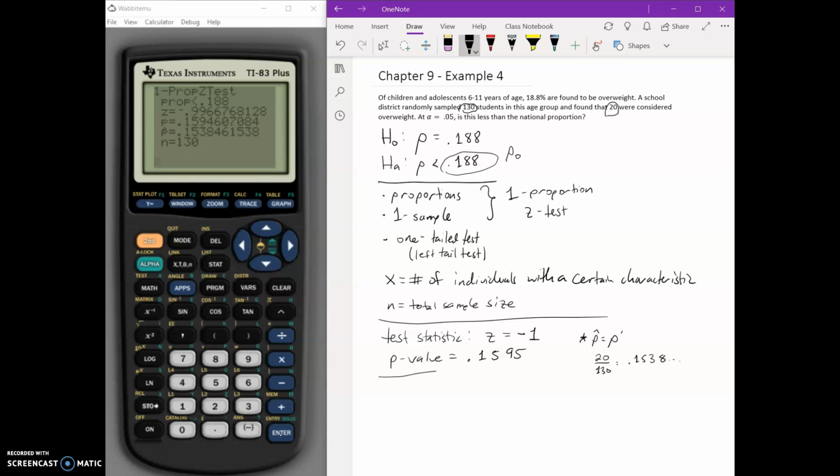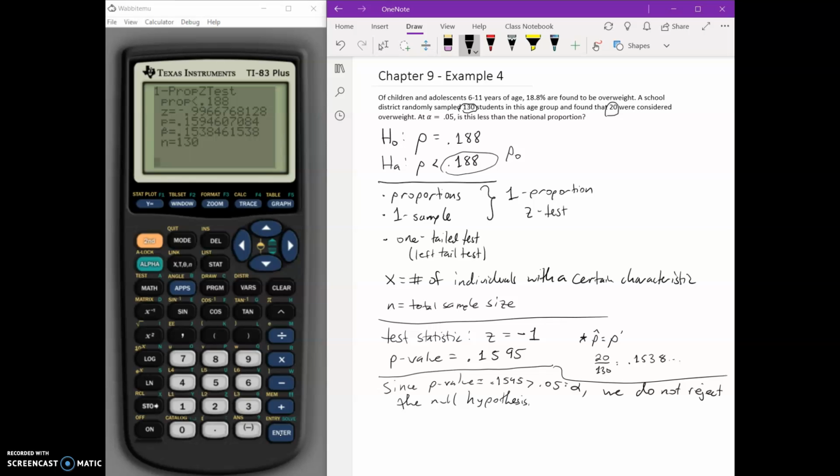After we found our test statistic and our p-value, now we compare our p-value to alpha. We can see that since our p-value, which is 0.1595, is larger than 0.05, which was our alpha, we do not reject the null hypothesis.